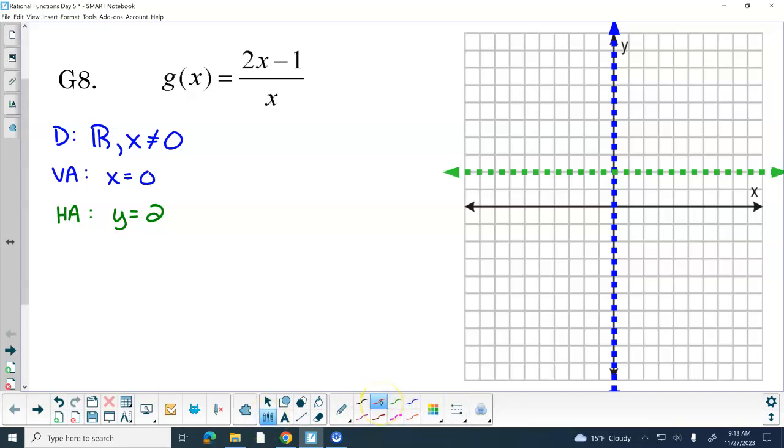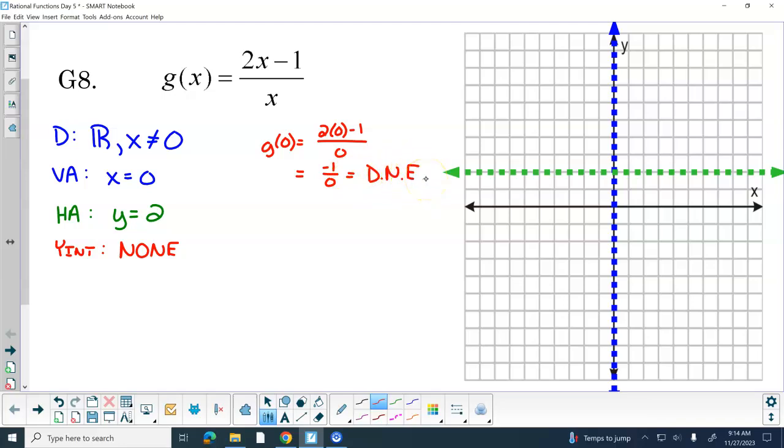Next up, we have y-intercept, which we already said was none, because the y-intercept line is the y-axis, which is our vertical asymptote, so that's a none. If we didn't see that, we would plug in 0 for our x, and we would get negative 1 over 0, which does not exist.